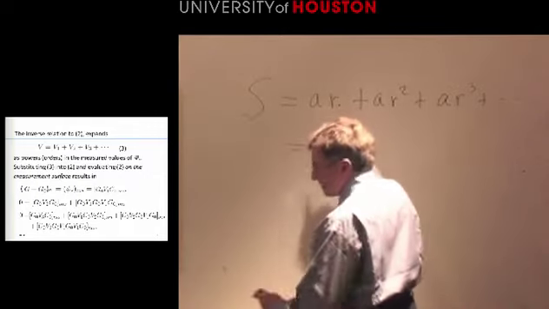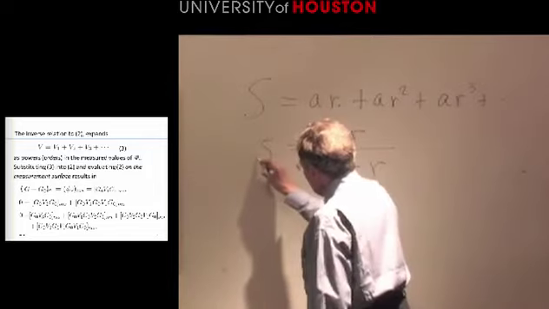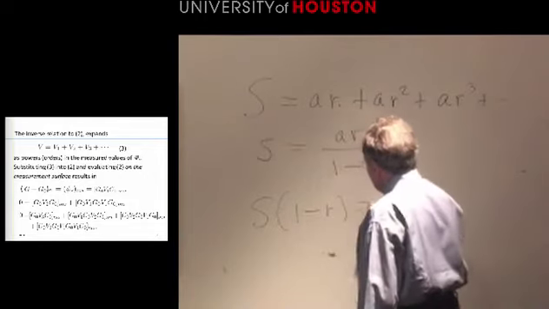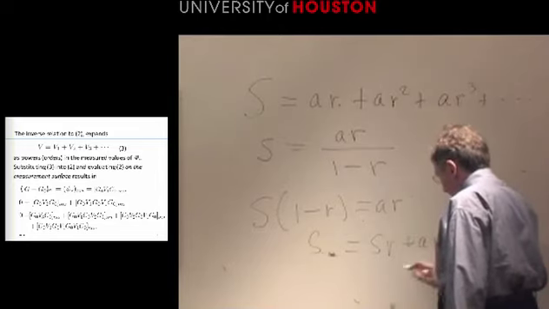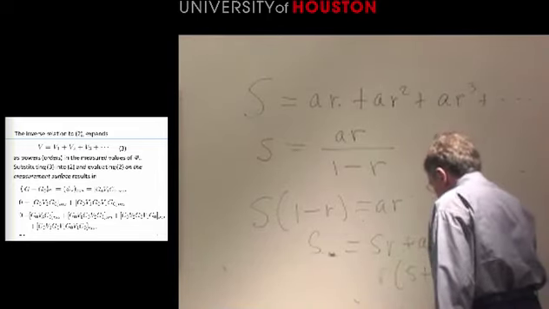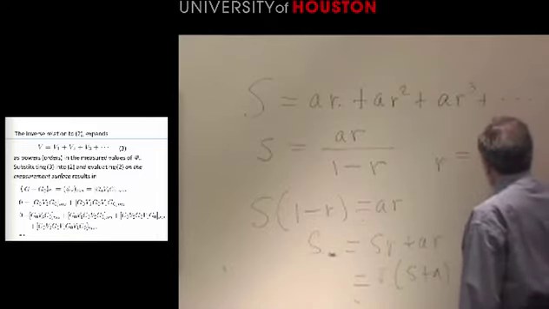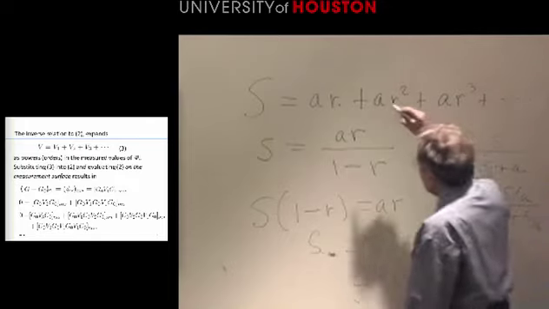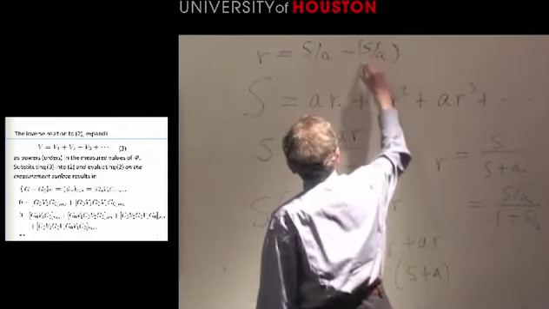Then we know if the absolute value of R is less than 1, this is AR over 1 minus R. And you can solve for R. You get S times 1 minus R is AR, and S equals SR plus AR, and R times S plus A is S, and then R is S over S plus A, and this is S over A over 1 plus S over A, which is a geometric series again. R equals S over A minus S over A squared.